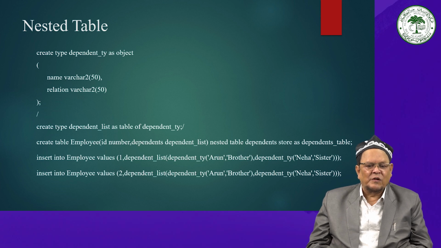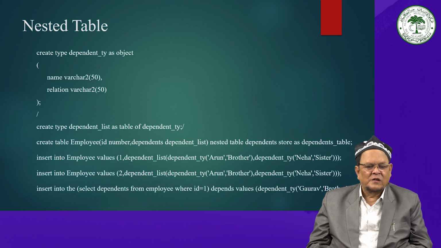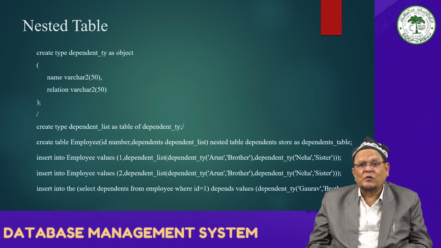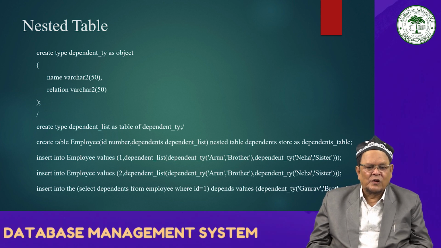Then you can insert values, employee values to dependent_list, dependent_ty, Arun. Within quotes, you have to write brother, then the parenthesis should be closed, then dependent_ty, Neha and sister. Then insert the third value. The same way you have to insert the third value in the selected dependent from the employee where ID is equal to 1.